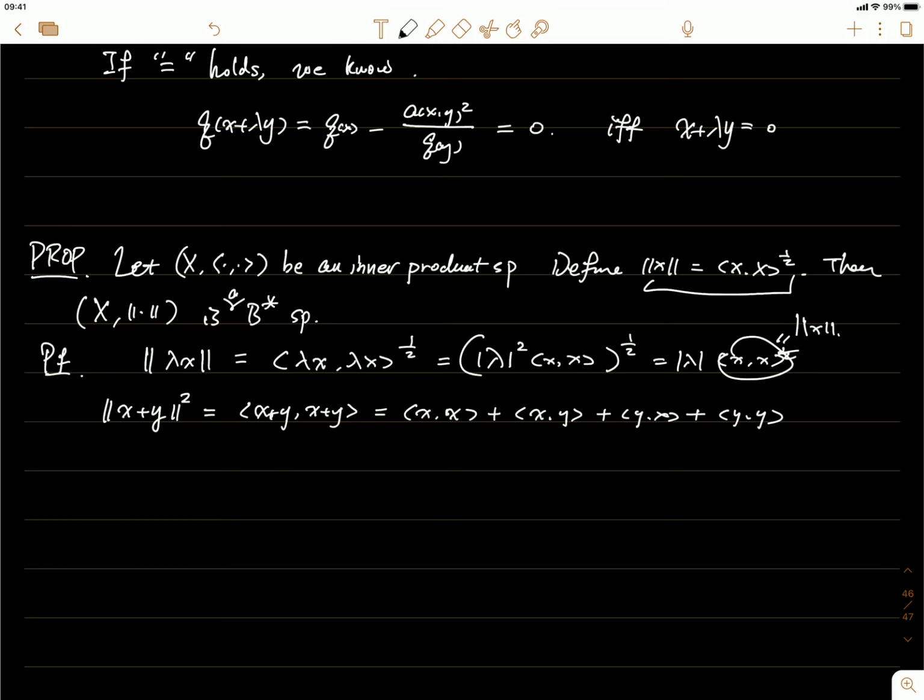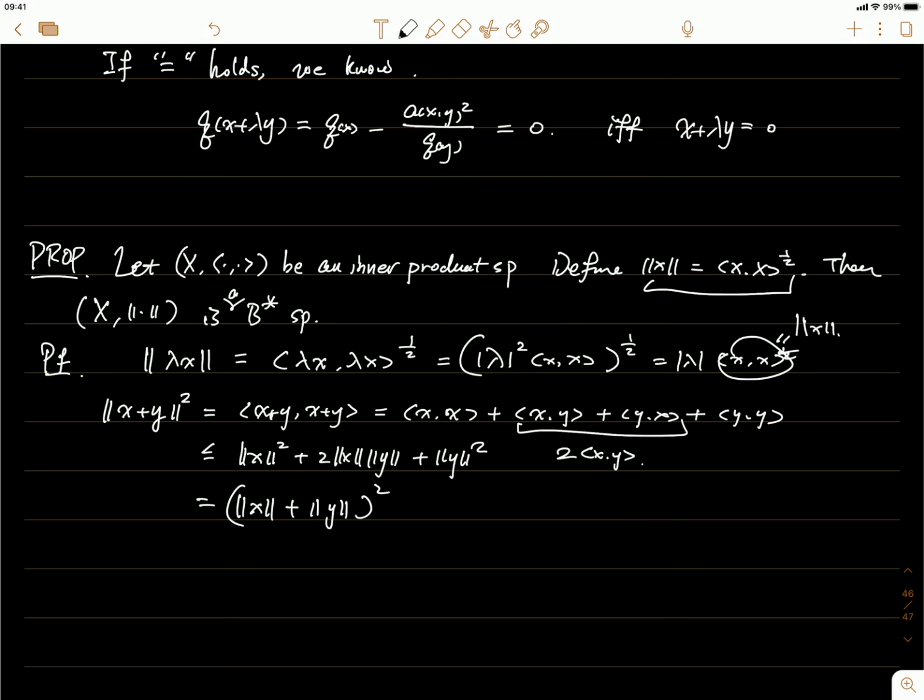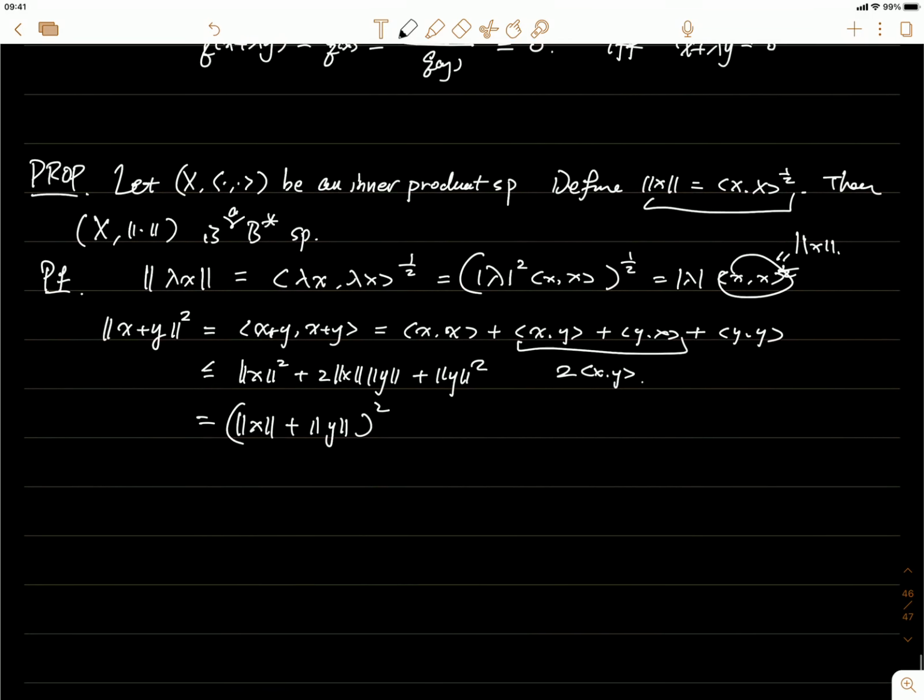The first one is ‖x‖ squared, the second is 2 times ⟨x,y⟩. It's less than or equal to 2‖x‖‖y‖ by the Cauchy-Schwarz inequality, and then we have ‖y‖ squared. This is the sum of these two, squared, and that shows the triangle inequality.